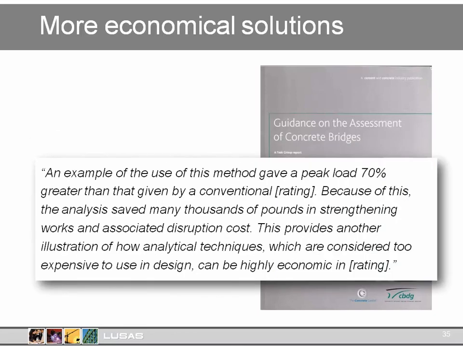An example of the use of this method gave a peak load 70% greater than that given by a conventional rating. Because of this, the analysis saved many thousands of pounds in strengthening works and associated disruption cost. This provides another illustration of how analytical techniques, which are considered too expensive to use in design, can be highly economic in rating.